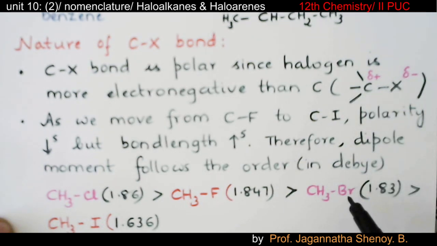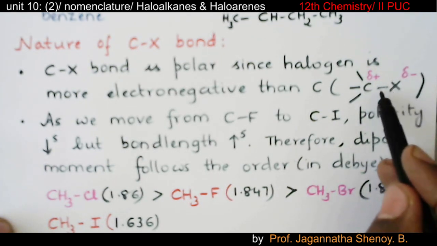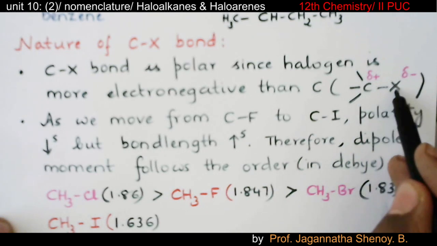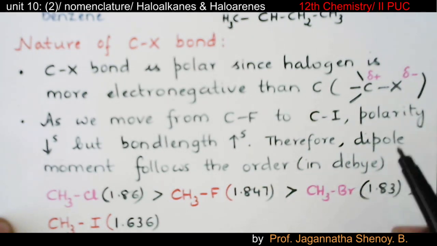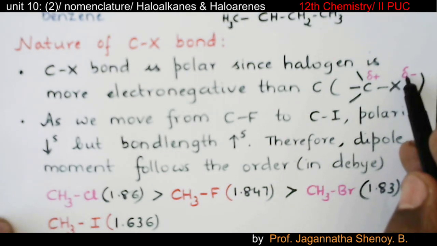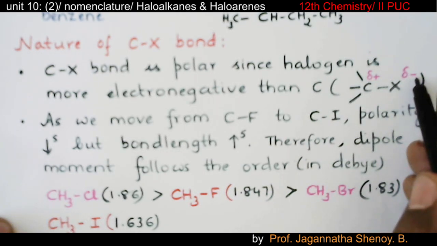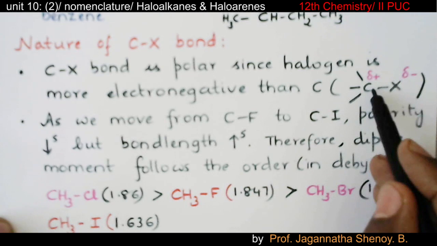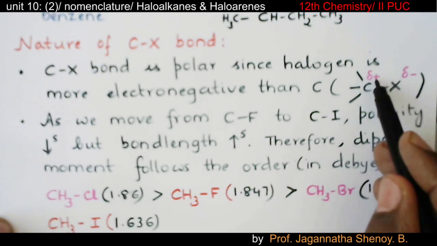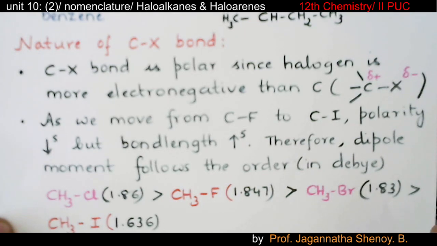As a result, the halogen atom pulls the shared electron pair of the C-X bond towards itself. Hence, the halogen atom acquires a partial negative charge, delta minus, and the carbon atom develops a partial positive charge, delta plus.